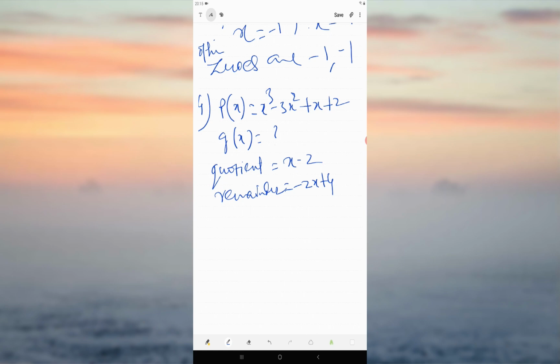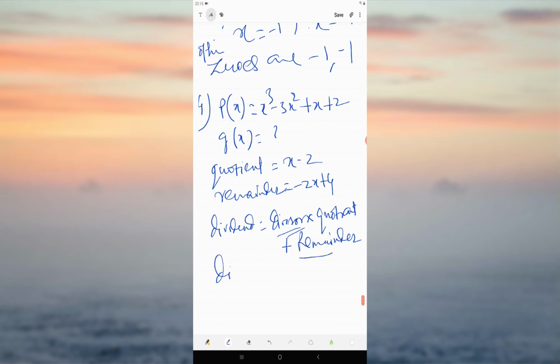Okay, so what does the division algorithm say? The division algorithm says dividend equals divisor into quotient plus remainder. Correct? So what we need to find is the divisor.